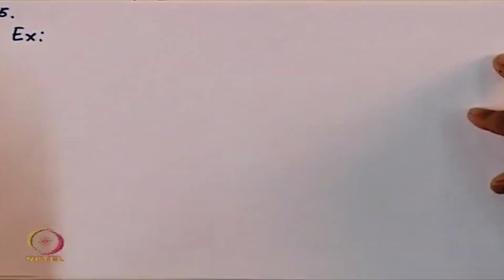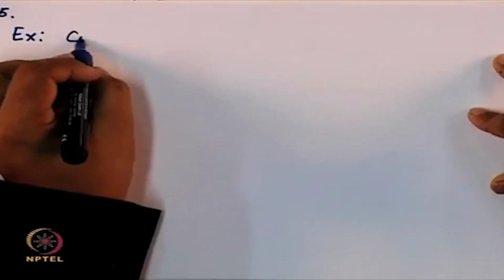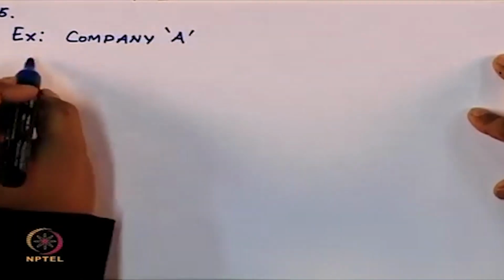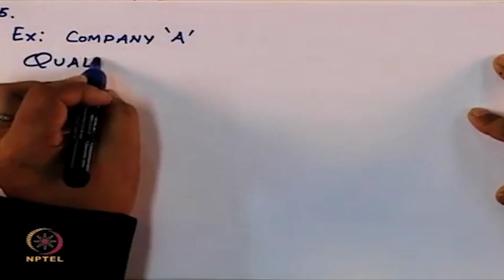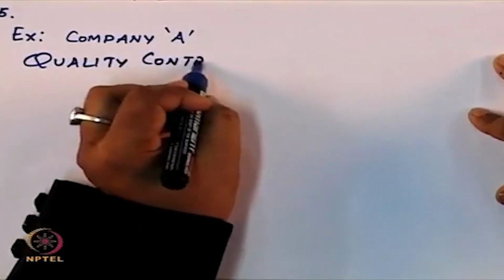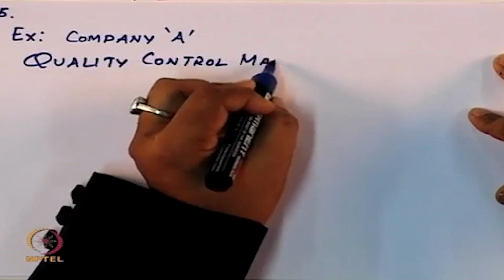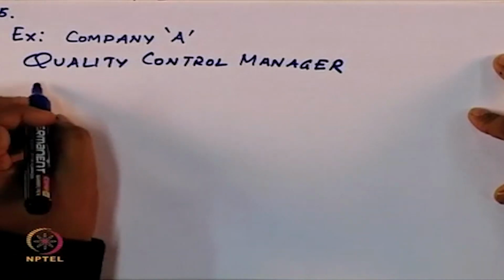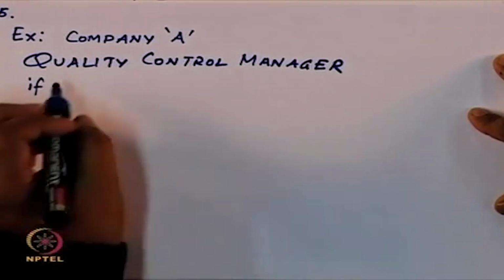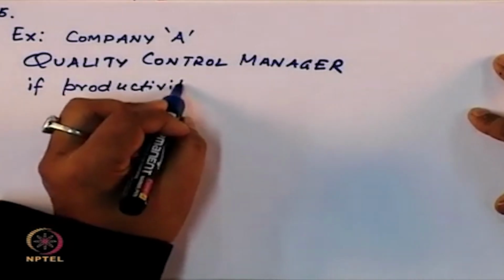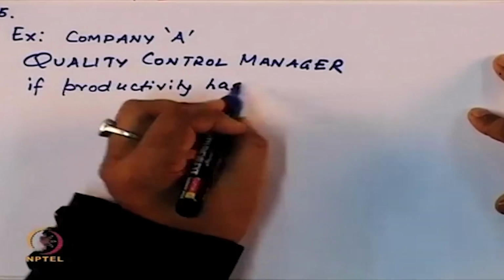Okay. Let us take a standard example. Imagine you have a company A, and the quality control manager wants to evaluate if the productivity has changed recently.